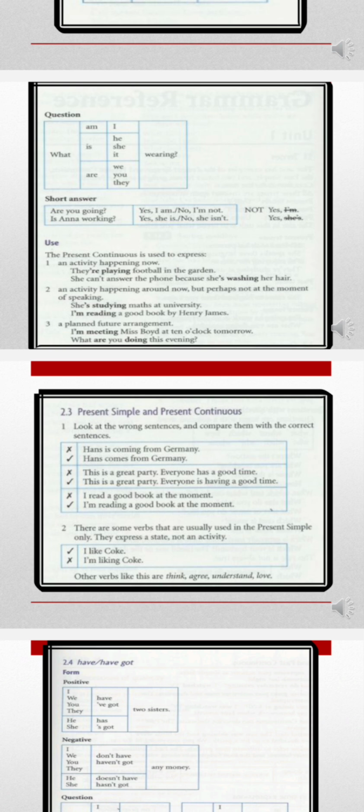I'm reading a good book by Henry James. 3. A planned future arrangement. For example, I'm meeting this boy at 10 o'clock tomorrow. What are you doing this evening?